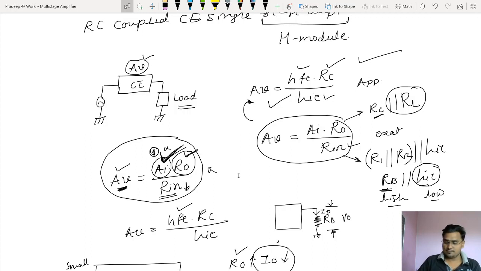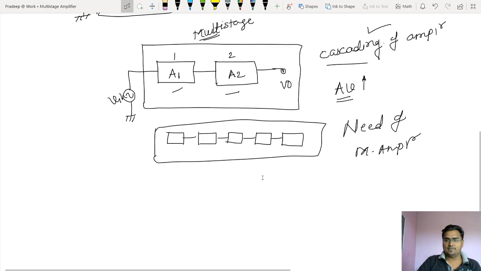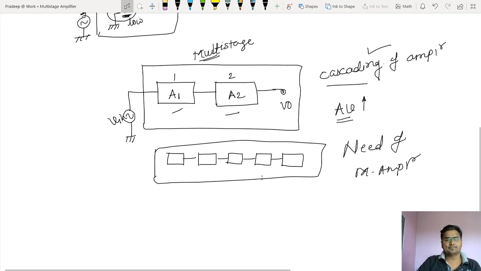Look at this, we tried for this equation. We tried 2-3 options, but still we didn't get the desired gain. Some lacunas are everywhere. In every option there were drawbacks. So that's why finally we go for this multi-stage amplifier, we go for this cascading. This is the actual need.